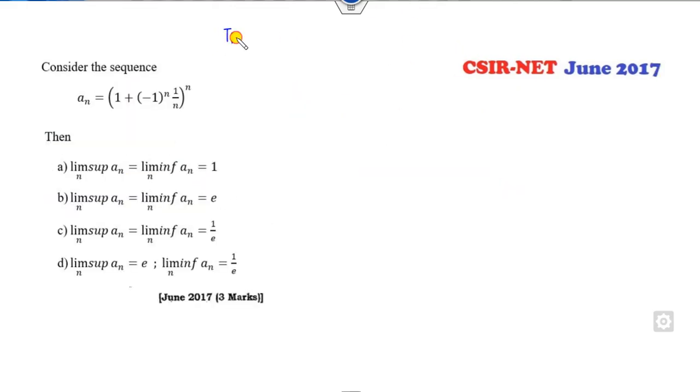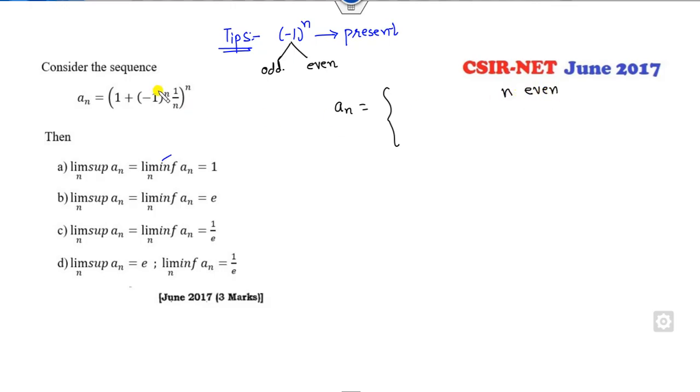Now whenever you are solving the limit infimum and supremum, and whenever this term is present, you always break this term into the case of even and odd. So look at that. If I break this term when n is even, this term will be positive, fine.